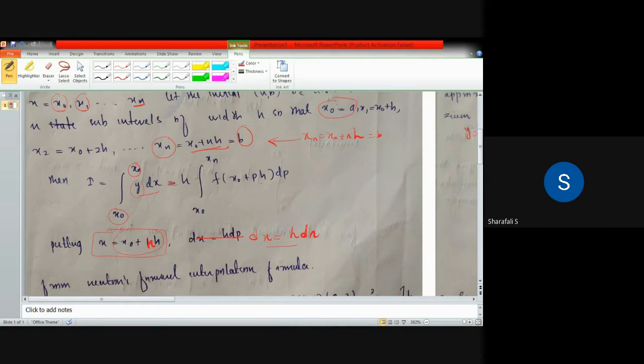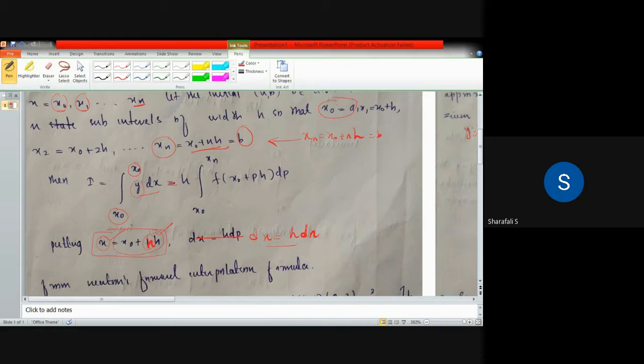If I am writing x equal to x0 plus nh, x is any point on the x-axis, any of the x values. Depending on n, this x value will be different.